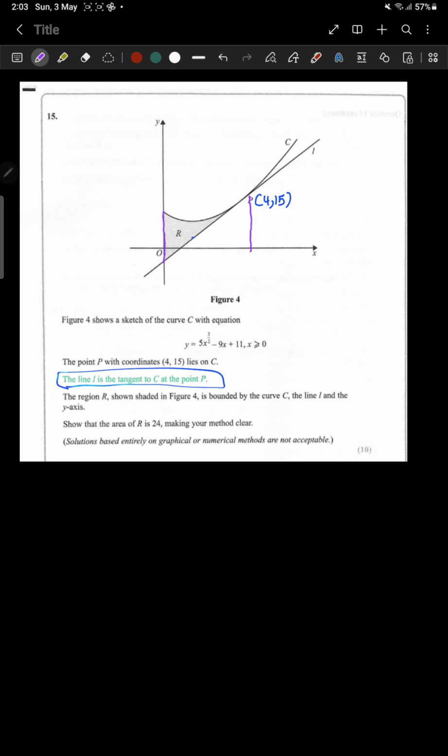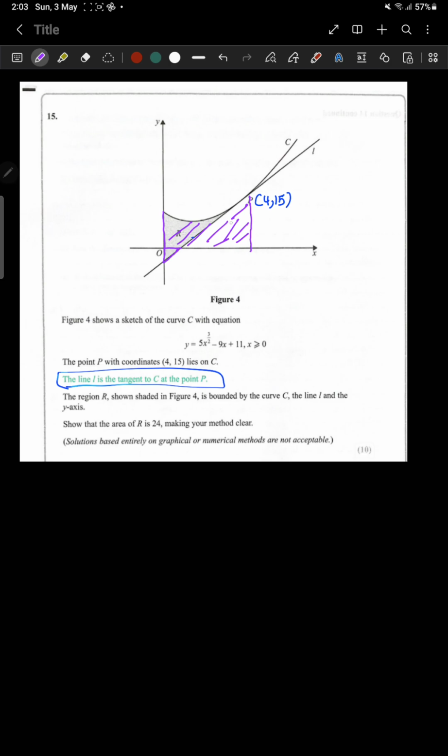Now an important distinction over here is this one. There's also a bit of a triangle over here. Whenever we do the integration over here, we will get the area of this one only.